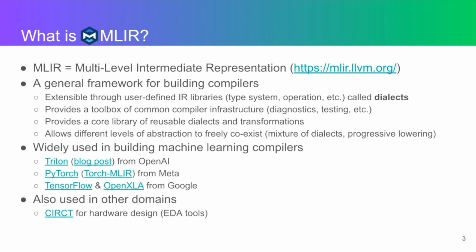And a key feature of MLIR is that it allows different levels of abstraction to freely coexist. And that is a main feature that makes it suitable for building domain-specific compilers. Given the time we have, we cannot get into more details, but I have listed some example projects that have used MLIR, both in building machine learning compilers and also in other domains.